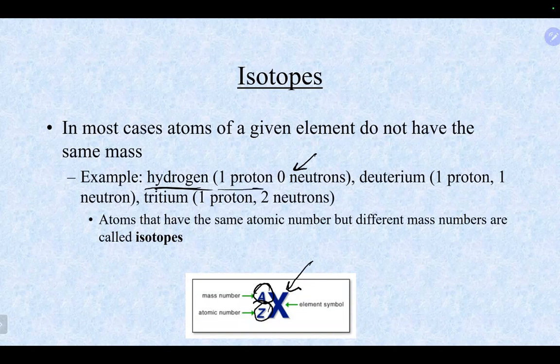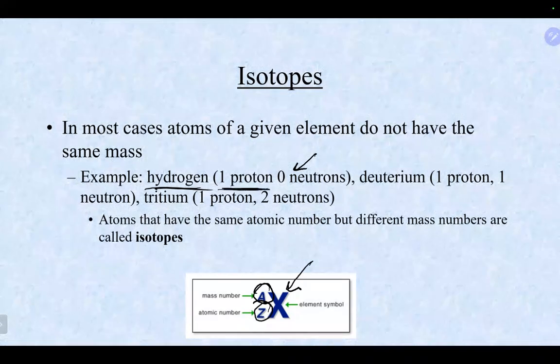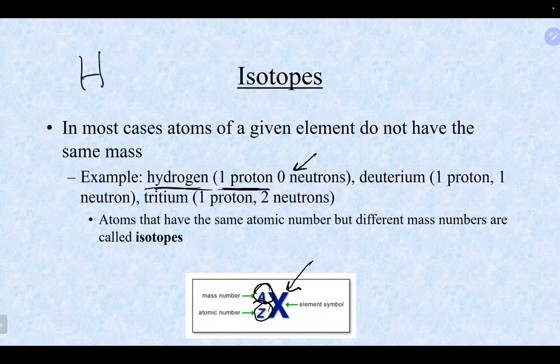If we were not sure what the symbol was, because it has one proton, it would be number 1 on the periodic table, which tells us it is hydrogen. Since it has one proton, the bottom left atomic number is 1. 1 plus 0 is 1 for the mass number, which goes on top. And that would be the proper symbol for hydrogen with the mass number and atomic number.